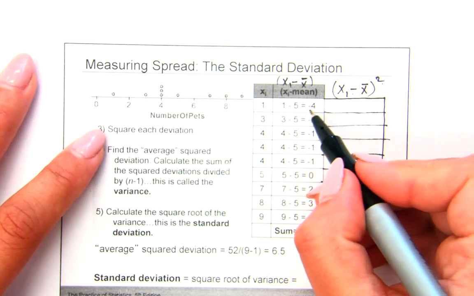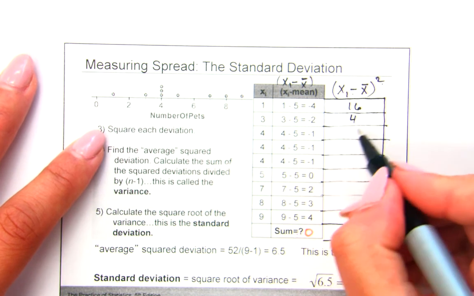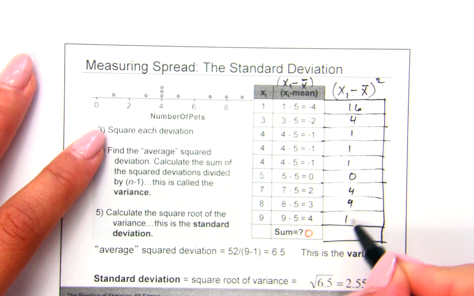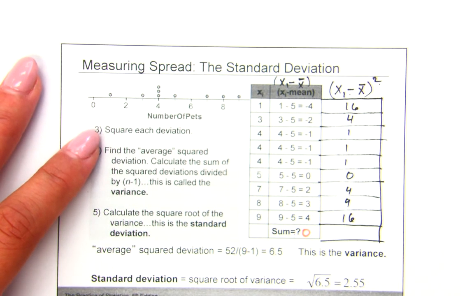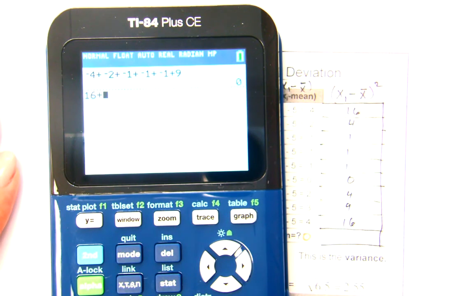Okay, so negative 4 squared gives you 16. Negative 2 squared gives you 4. That's a 1, that's a 1, that's a 1, that's a 0, that's a 4, that's a 9, and that's a 16. Now we're getting somewhere. I'm pretty sure if I add those up, they're not going to come out to 0. 16 plus 4 plus 1, 2, 3 plus 4 plus 9 plus 16.